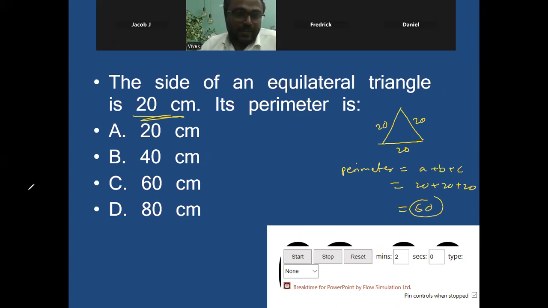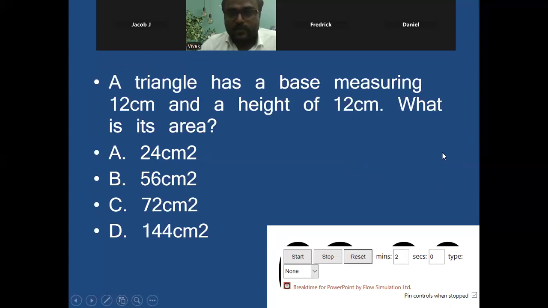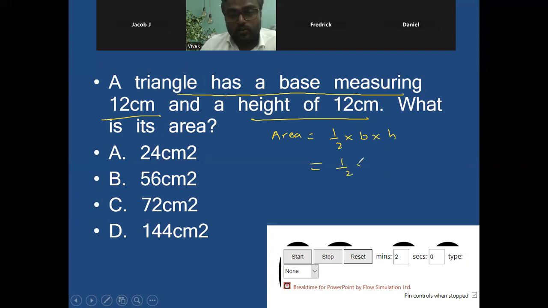Okay, now let us move on to the next question. So the next question says a triangle has a base measuring 12 centimeter and a height of 12 centimeter. What is its area? So easy peasy, lemon squeezy. Area is equal to 1/2 times base times height. So 1/2 times base is 12. The height is 12.